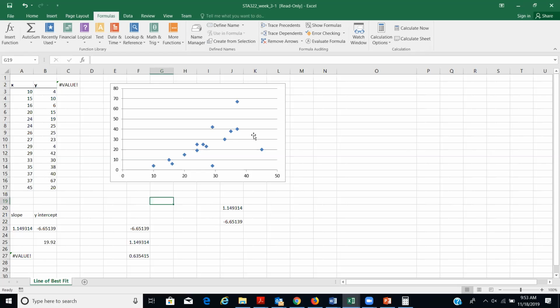So we would have minus 2.65 over 1.15, or 6.5 divided by 1.15 is going to be 2.3. So that's our x value, and that is lower than this, but it will be along the trend line.